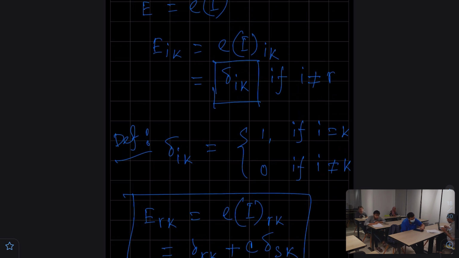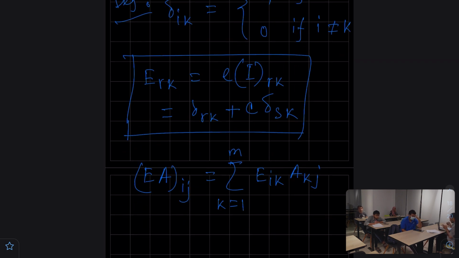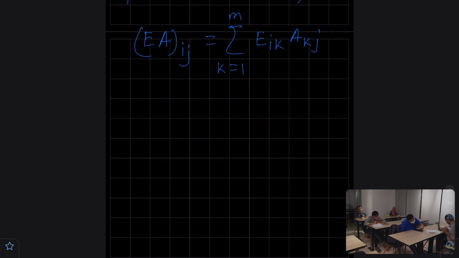When i is not equal to r, this is simply delta ik, and when i equals r, Erk is equal to delta rk plus c times delta sk. So this is the summation of k equals 1 to m. So Eik, if i is not equal to r, is just delta ik with Akj, and this is equal to what?